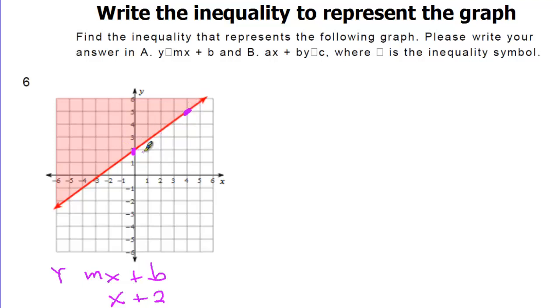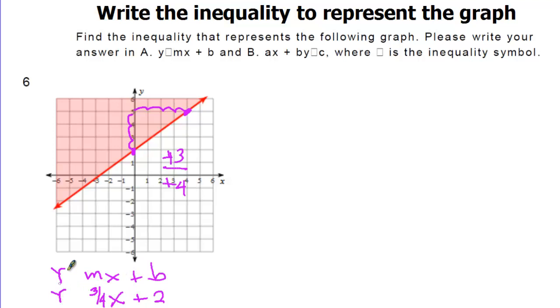So if I will start here, I need to go up 1, 2, 3 times, so that's positive 3. Then run to the right 1, 2, 3, 4. And that's positive 4. So our slope is 3/4.